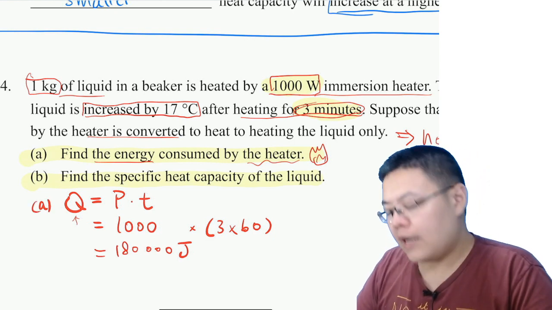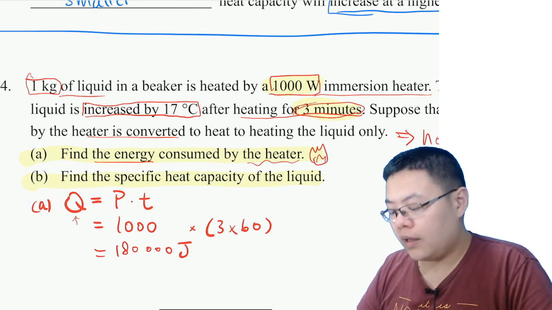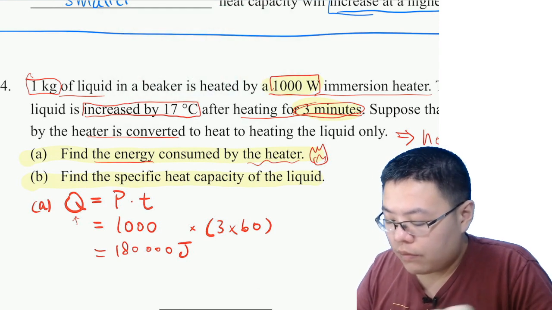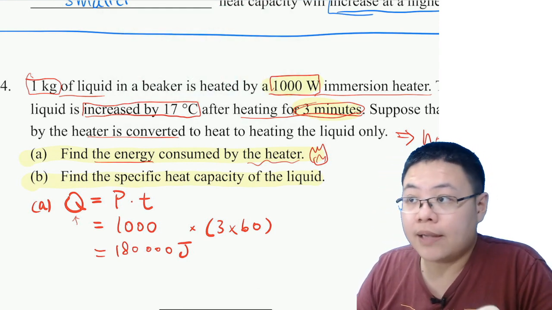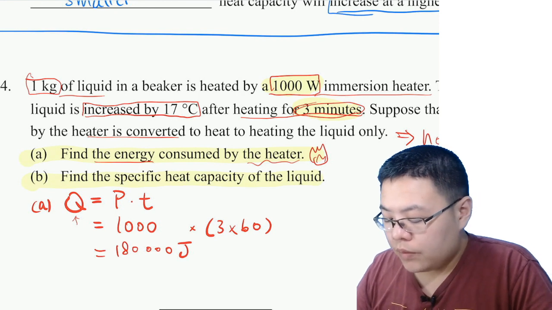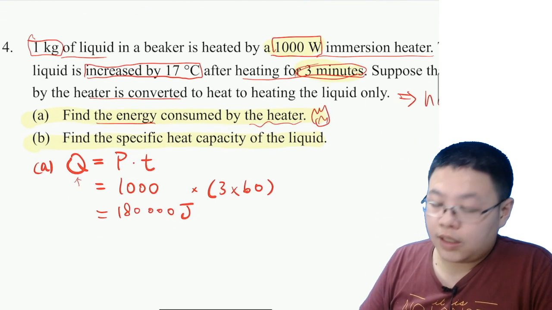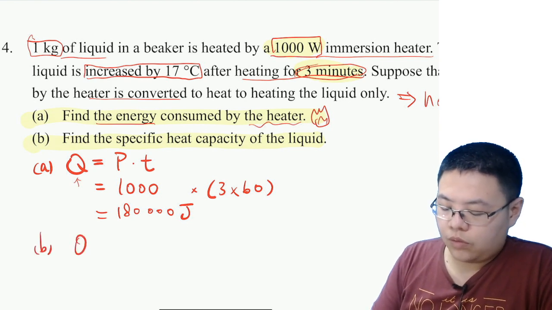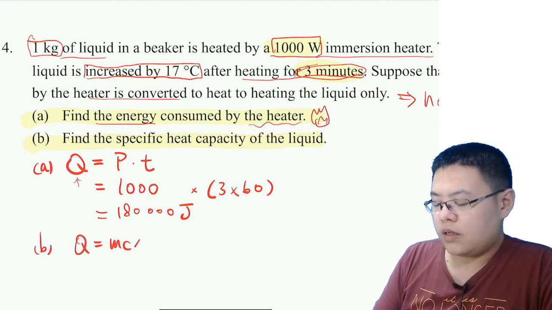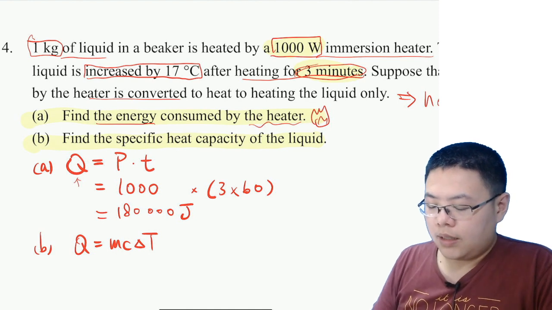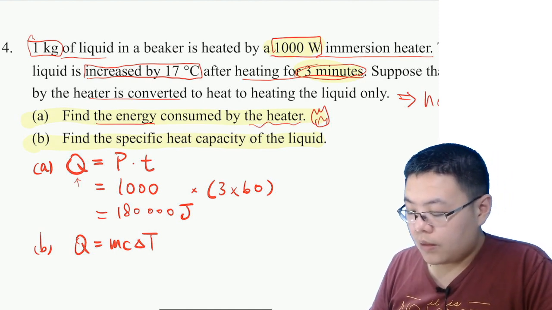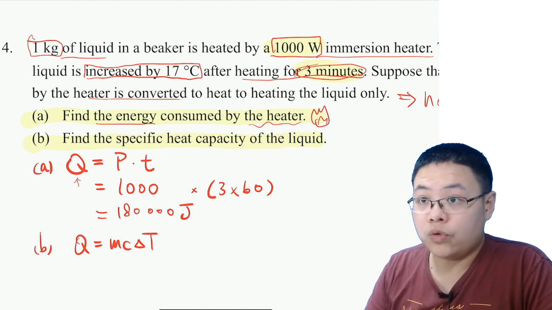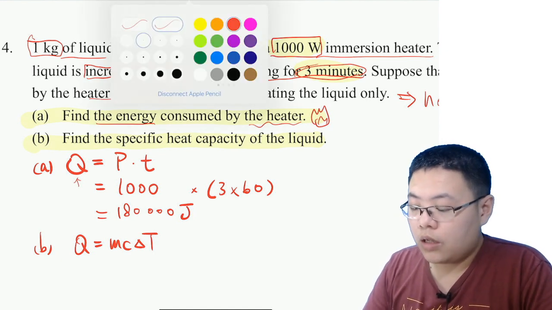And then part B, find the specific heat capacity of the liquid. So when we want to find the specific heat capacity, we use the equation with small letter c. Q equals mc delta T, and then one by one, the energy from the heater is used to heat up the liquid.